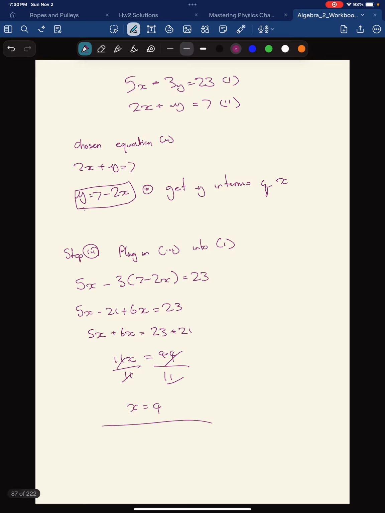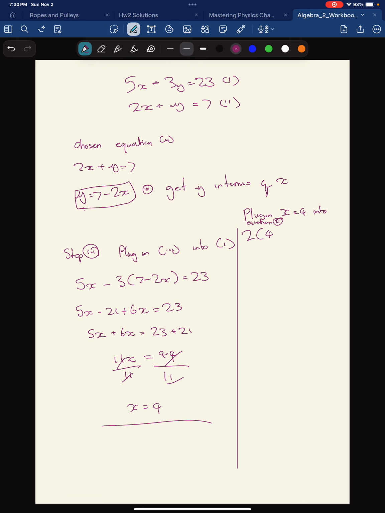So, now, okay, not finished. So, plug in x equals 4. I want to plug in x equals 4 into equation 2.